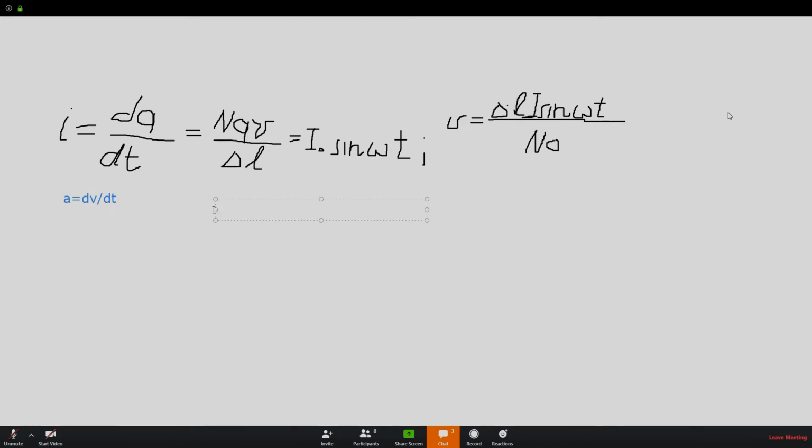Okay, so acceleration is equal to... maybe I can use some kind of symbols. I cannot use any symbols actually.